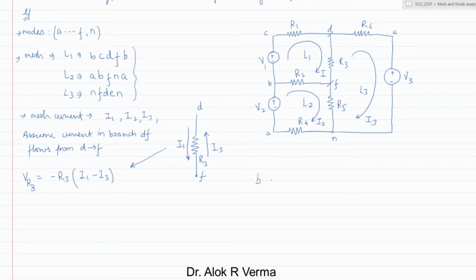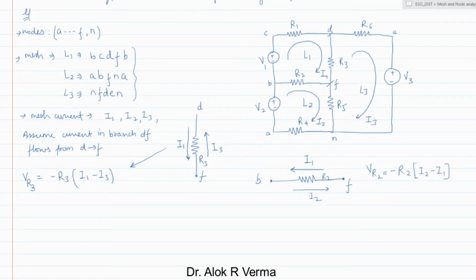Just for the sake of understanding, we have B and we have F. From the loop L1 side, the current I1 is flowing from F to B, and the current I2 is flowing from B to F. While writing the voltage drop VR2, assuming that current flows from B to F, in the direction of I2, it will be minus R2 times (I2 minus I1).